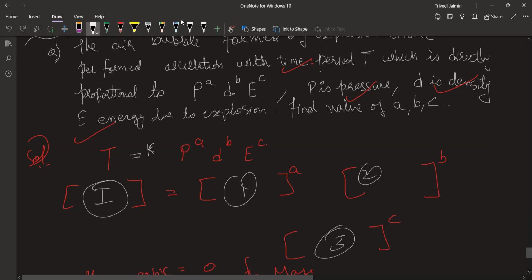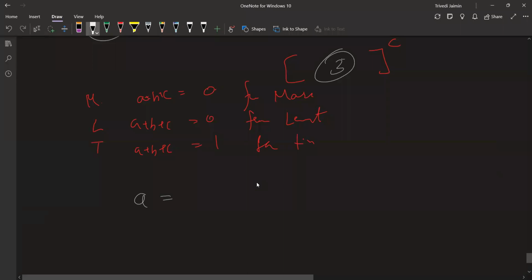If the base quantity is the same, we can equate the powers. Like X equals 1 plus X equals 2, so I can equate A as 1 plus 2, so A equals 3. Don't worry, let me solve this.